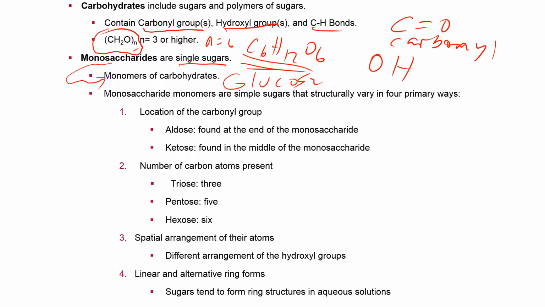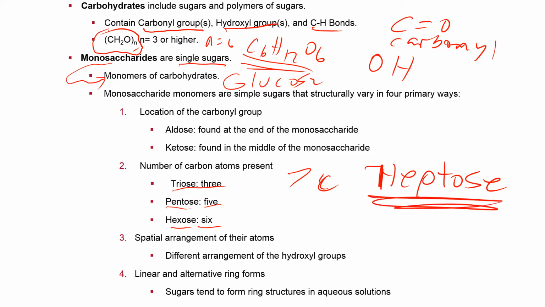Your simplest carbohydrates would have 3 carbons, so triose. 5 carbons, pentose; 6 carbons, hexose; 7 carbons, for instance, would be a heptose.